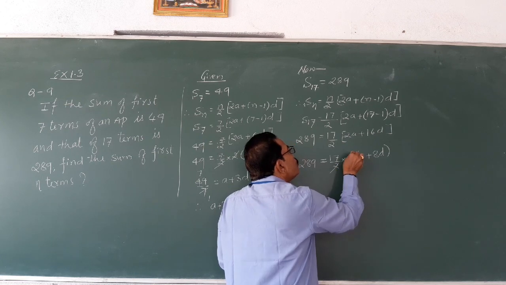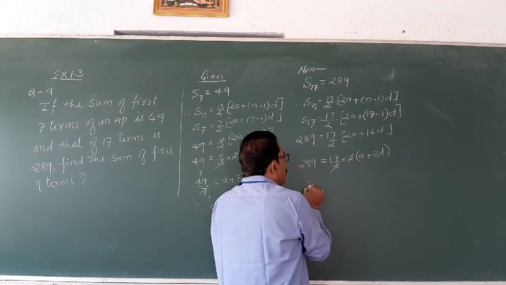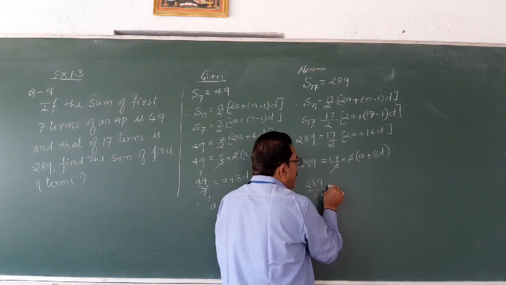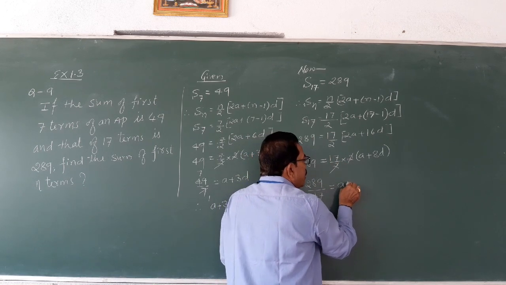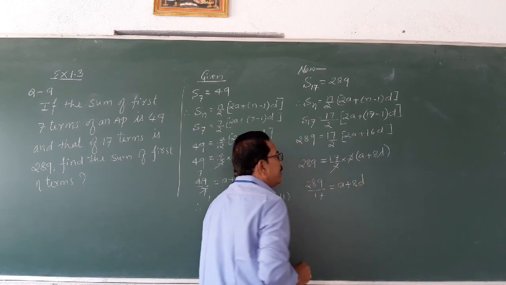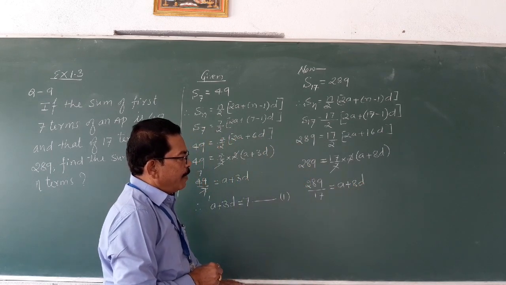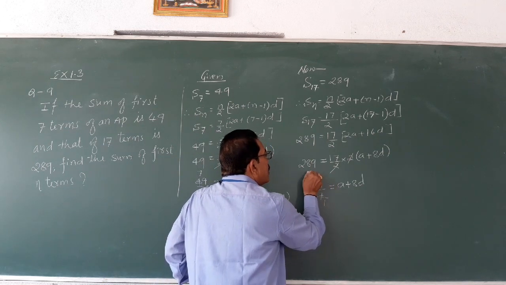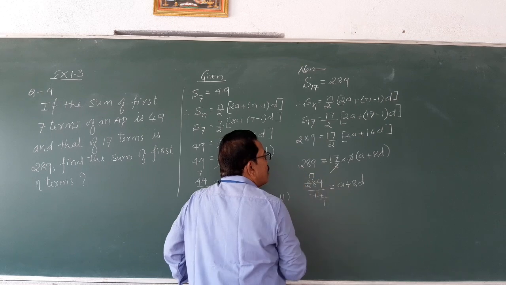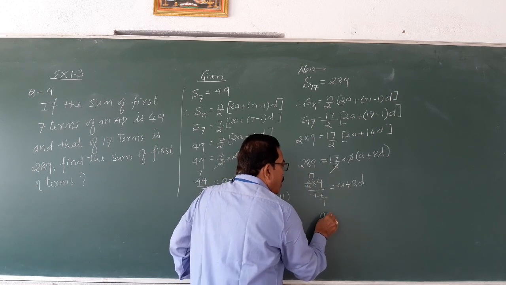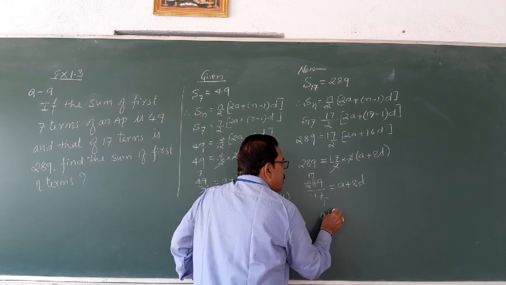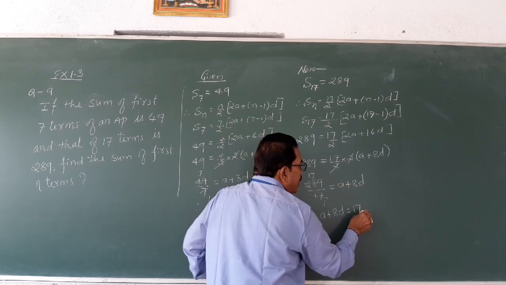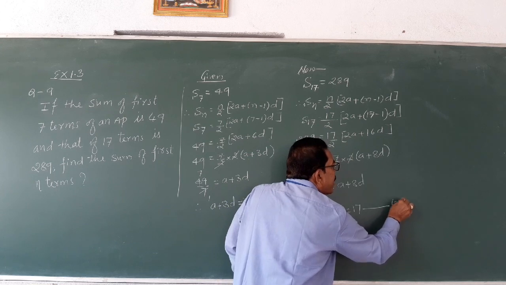So 2 gets cancelled. 289 divided by 17 equals a plus 8d. 17 sevens are 289. So a plus 8d equals 17. Equation 2.